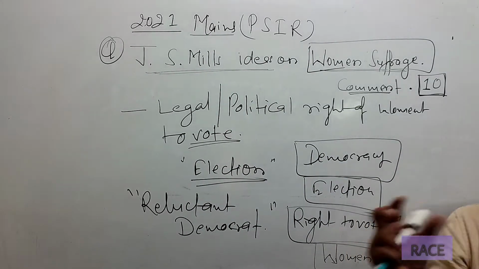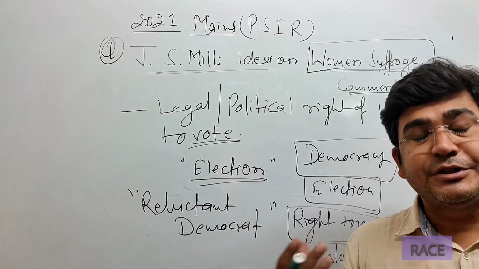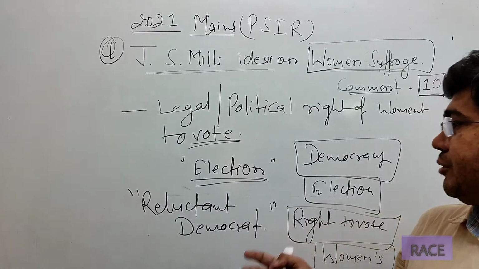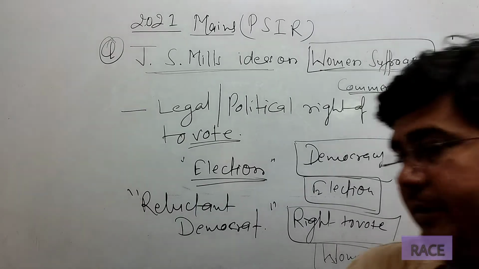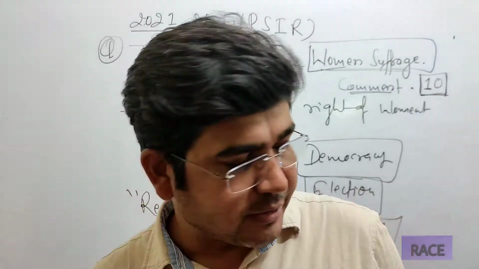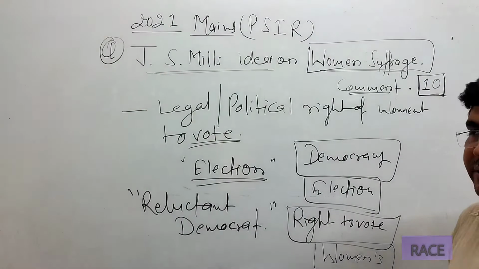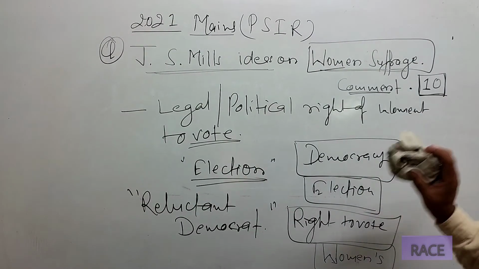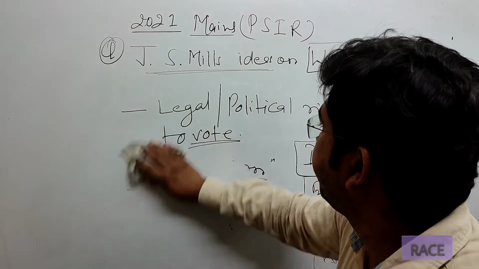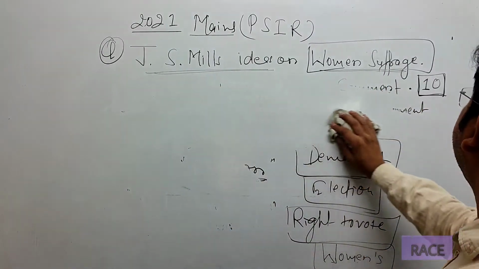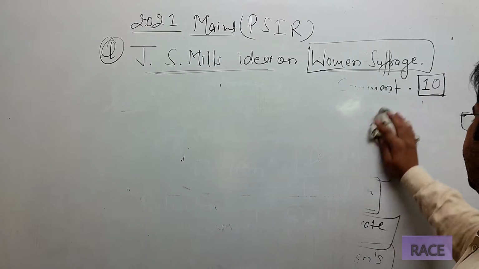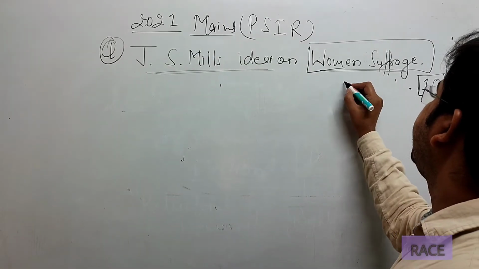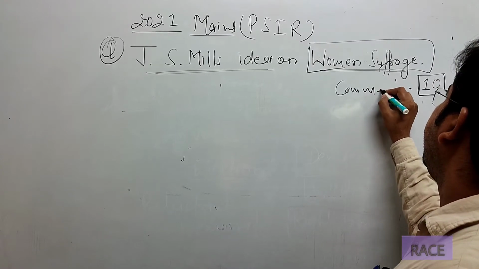Through his experience and observation, he had come to the conclusion that there should not be anything called universal adult franchise or universal right to vote, because the moneyed class or the powerful people would easily manipulate the masses. He was afraid that free will cannot be exercised by ignorant people.